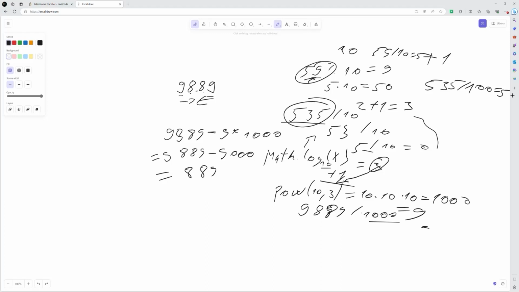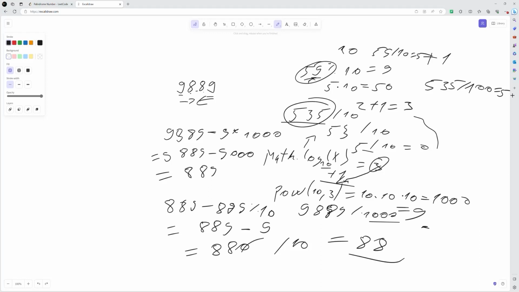Now we got rid of the first digit, and to get rid of the last digit, it's basically our remainder after doing the modulo. So it will be 10, which is equal to 889 minus 9, which is equal to 880. And the last step is basically to get rid of the 0, and that's easily done by dividing by 10. So the result will be 88.